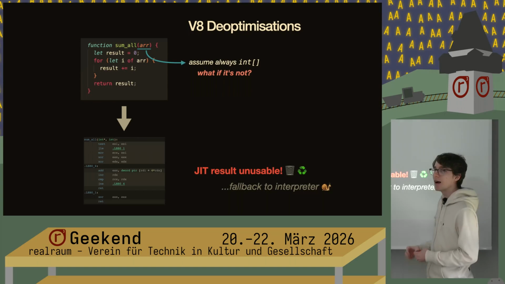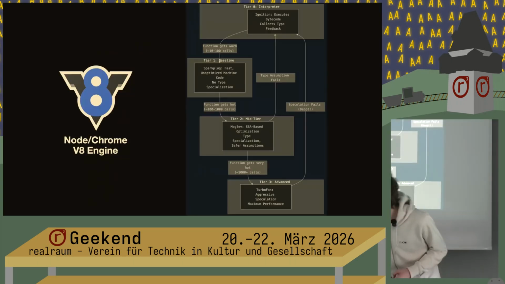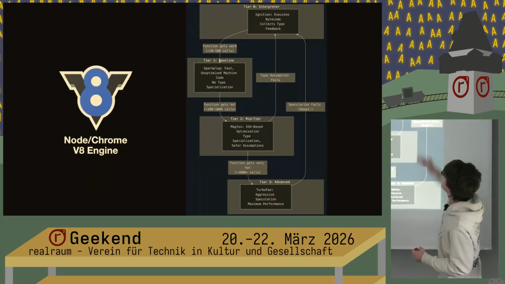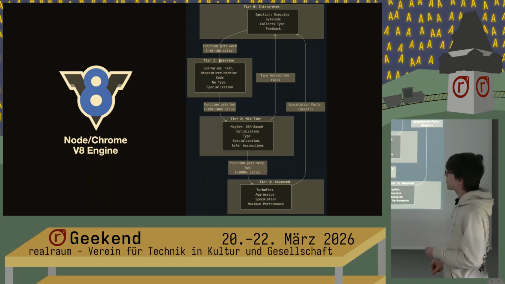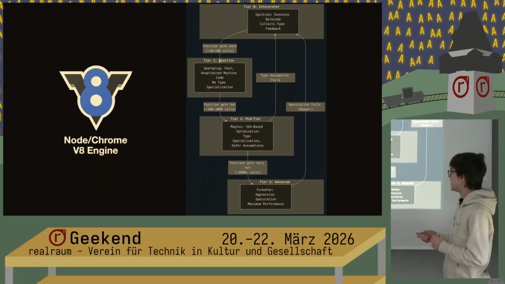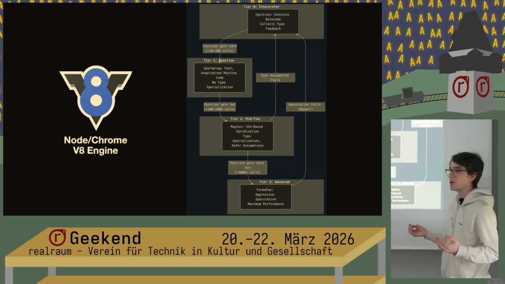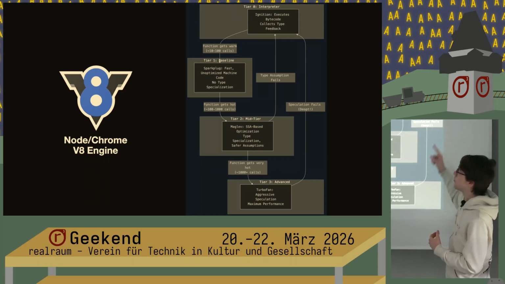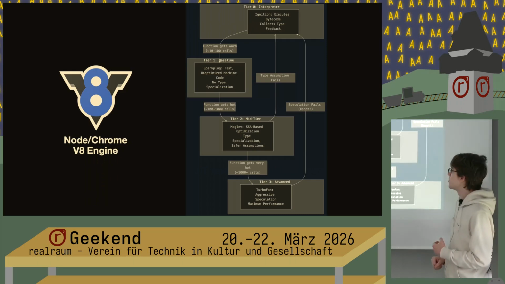There are a bunch of guards put in place for that, and when that starts happening, basically you get this big fallback. It's called de-optimization, and that means that the JIT code that has been generated is not valid anymore because one of the assumptions was broken. So it just falls back to the original interpreter.